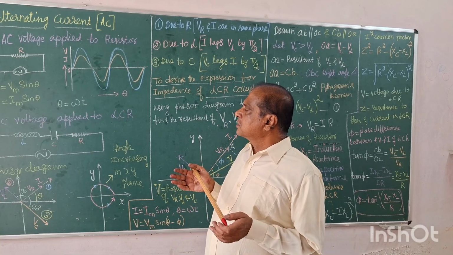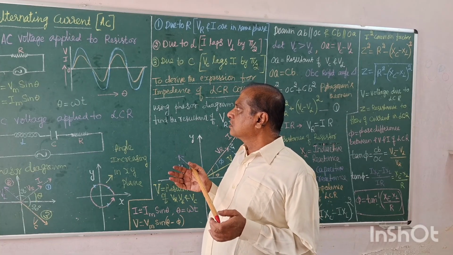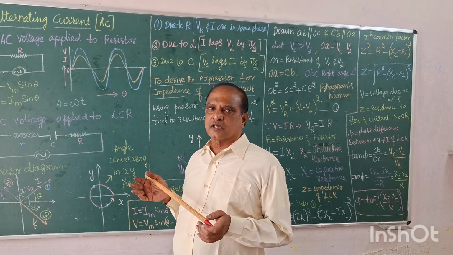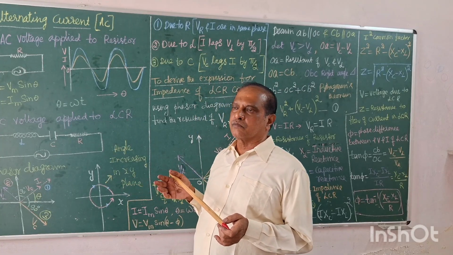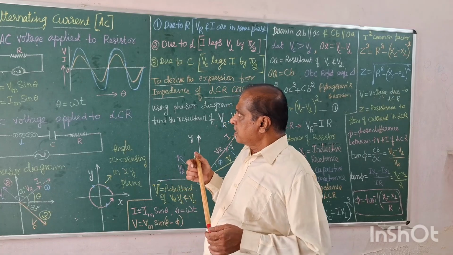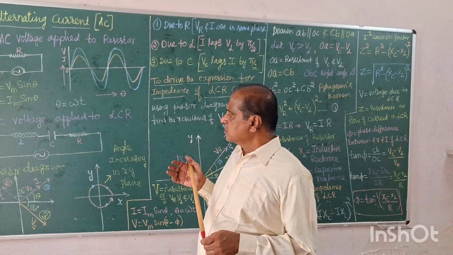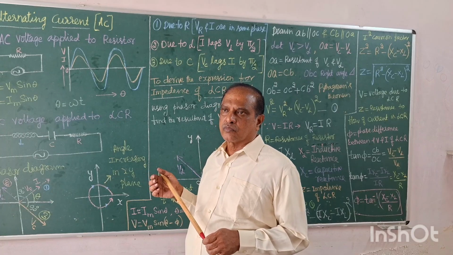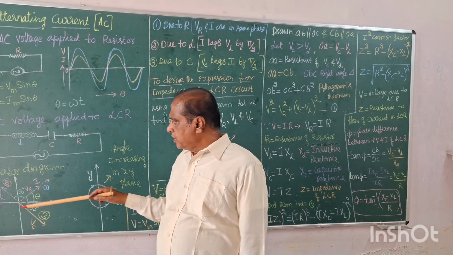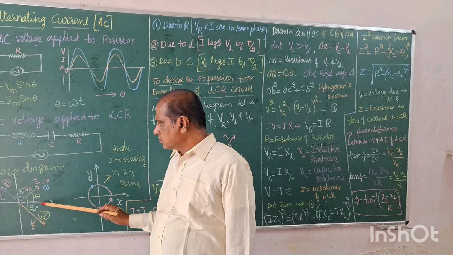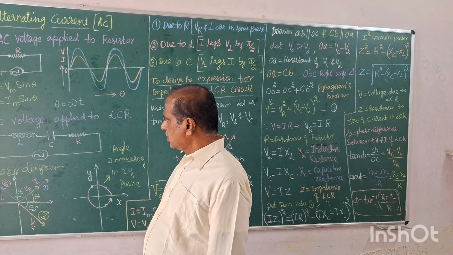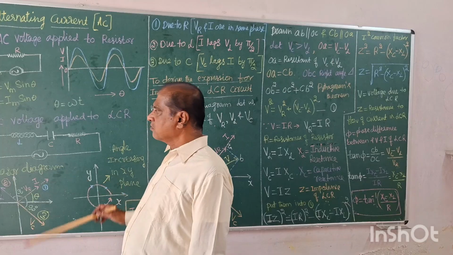These voltages can be represented in a single diagram, with a difference in phase angle between them, on the plane of two coordinates. That is known as a phasor diagram.